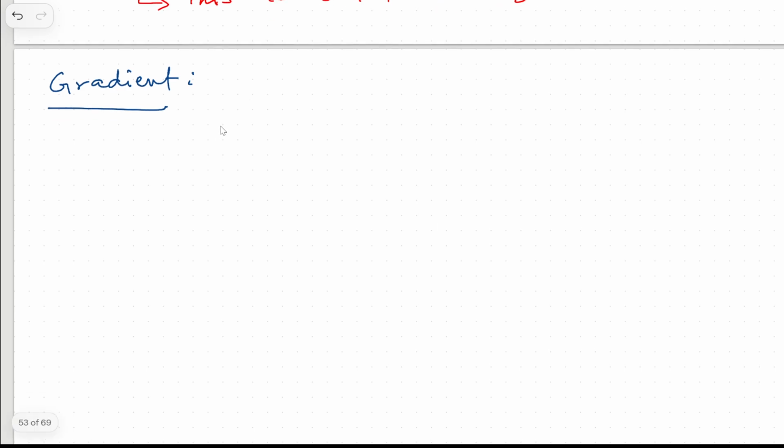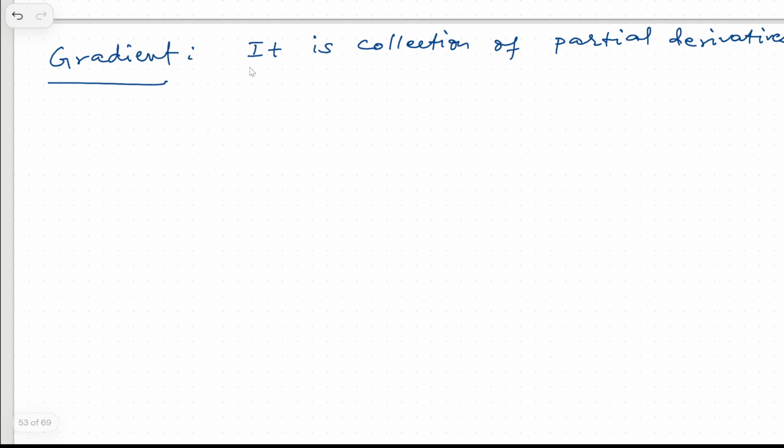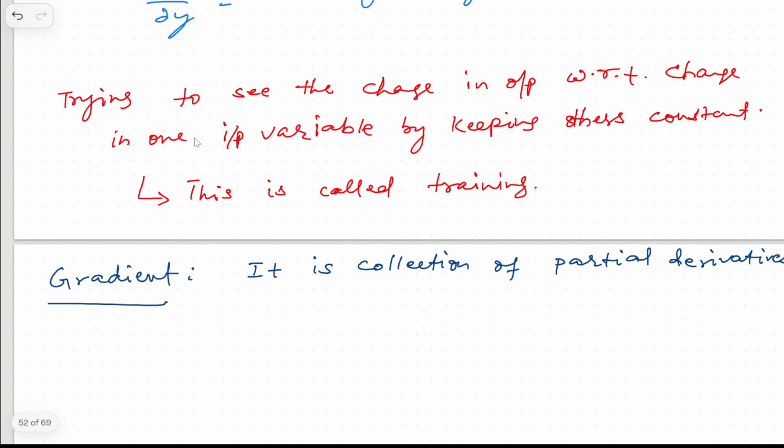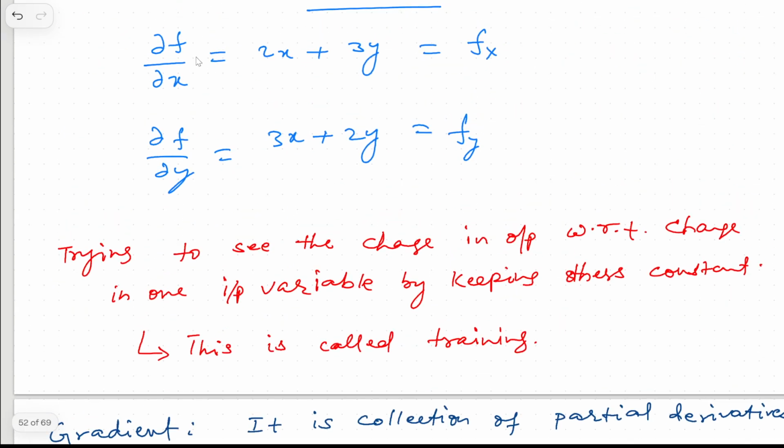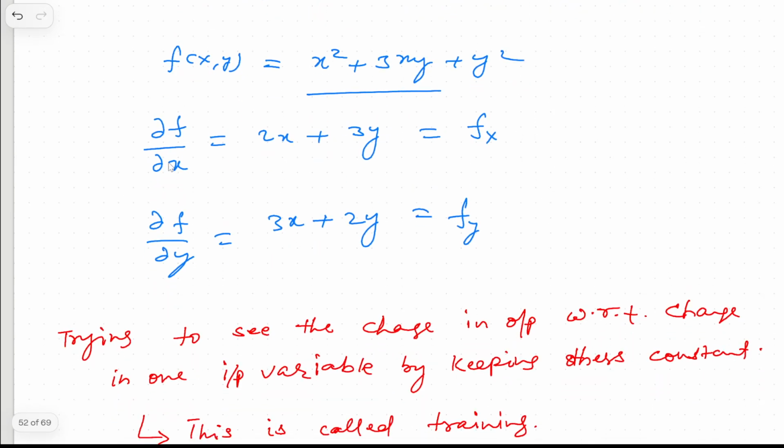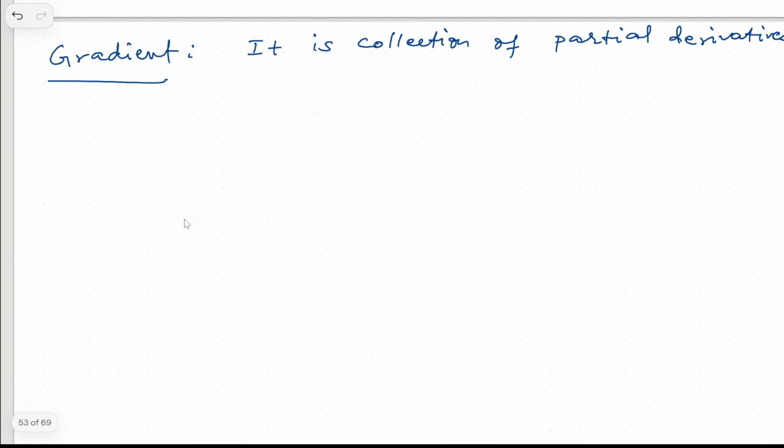Now, what is gradient? In simple terms, it is a collection of partial derivatives. Okay, when we collect these partial derivatives, it is called gradient. As simple as it is. If we have multiple variables, suppose here we had two variables, we will get two partial derivatives for first order, right?